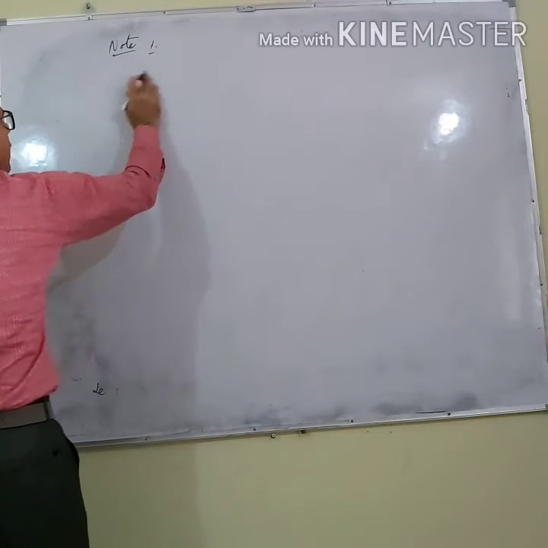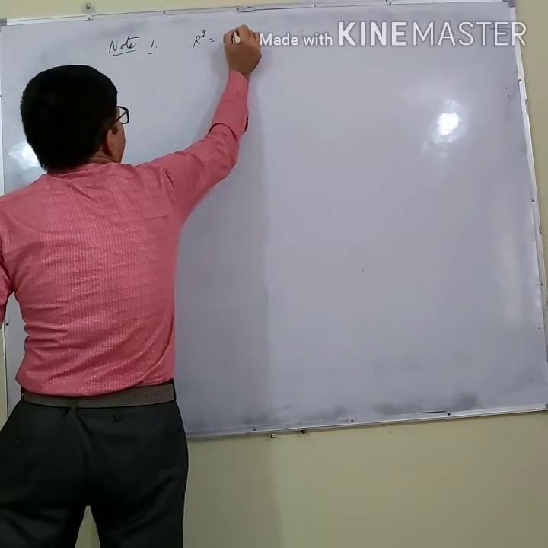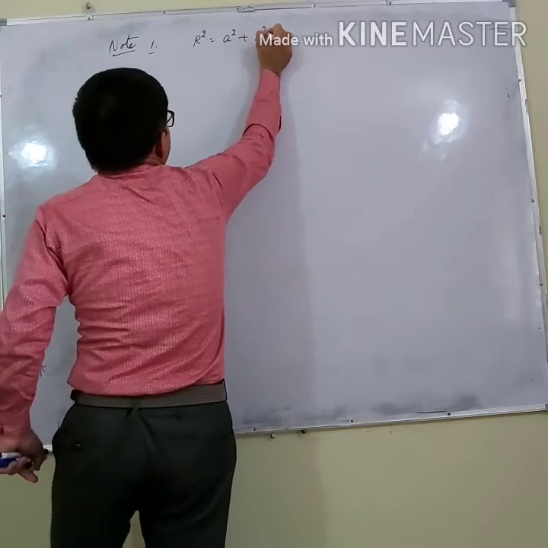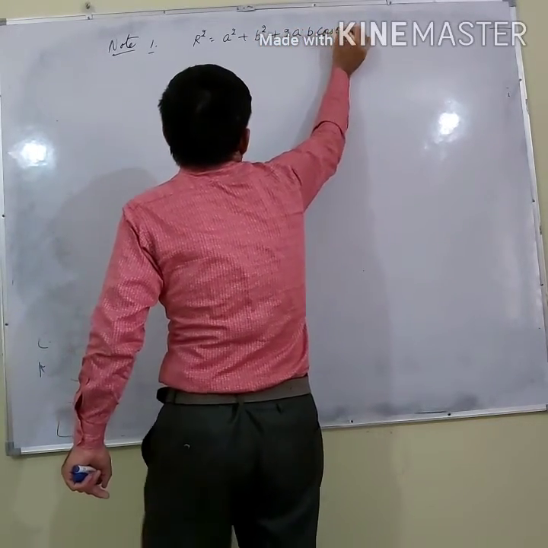Number one: we did R square equals A square plus B square plus 2AB cos theta, right?